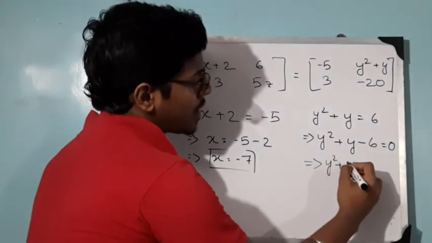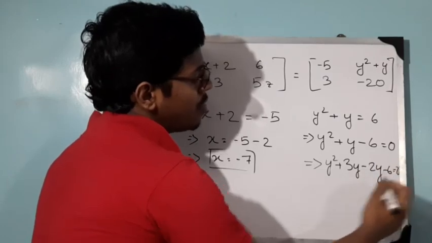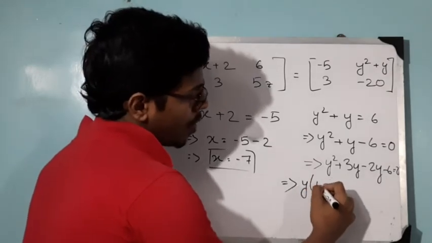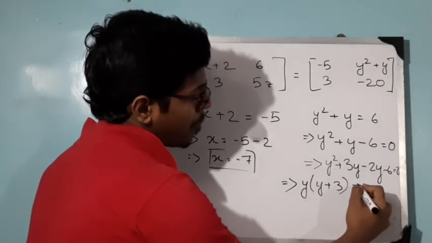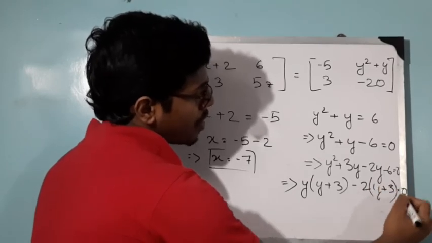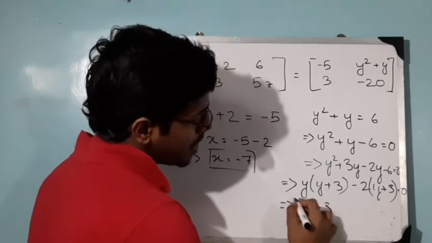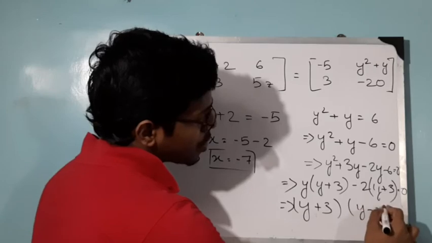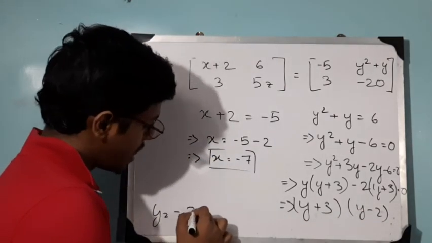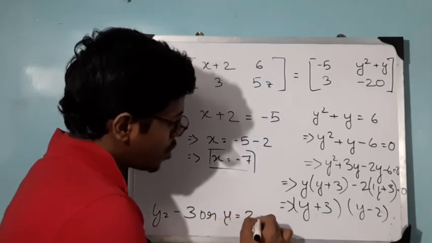Y square plus 3y minus 2y minus 6 equal to 0. y into y plus 3 minus 2 into y plus 3 equal to 0. Now y equal to y plus 3 and y minus 2. So y has two values, y equal to minus 3 or y equal to 2.